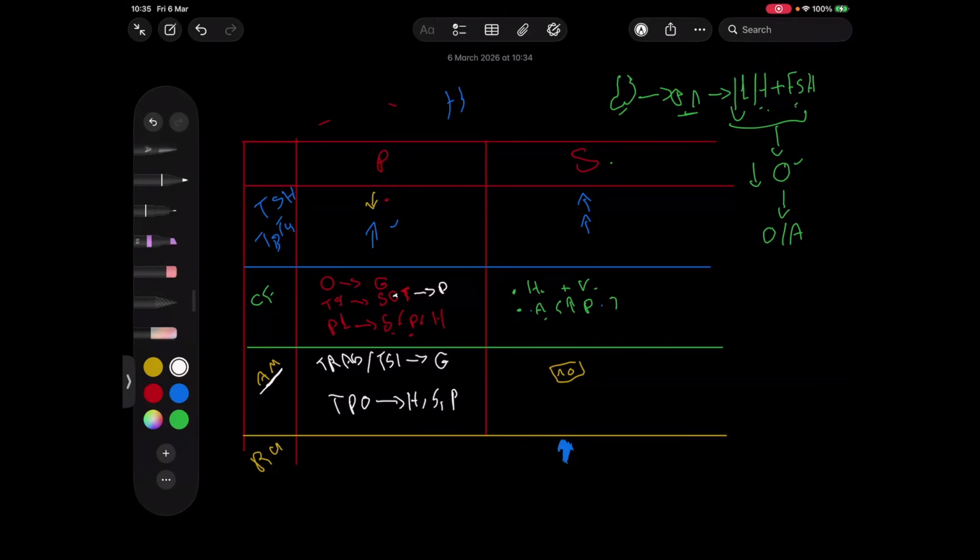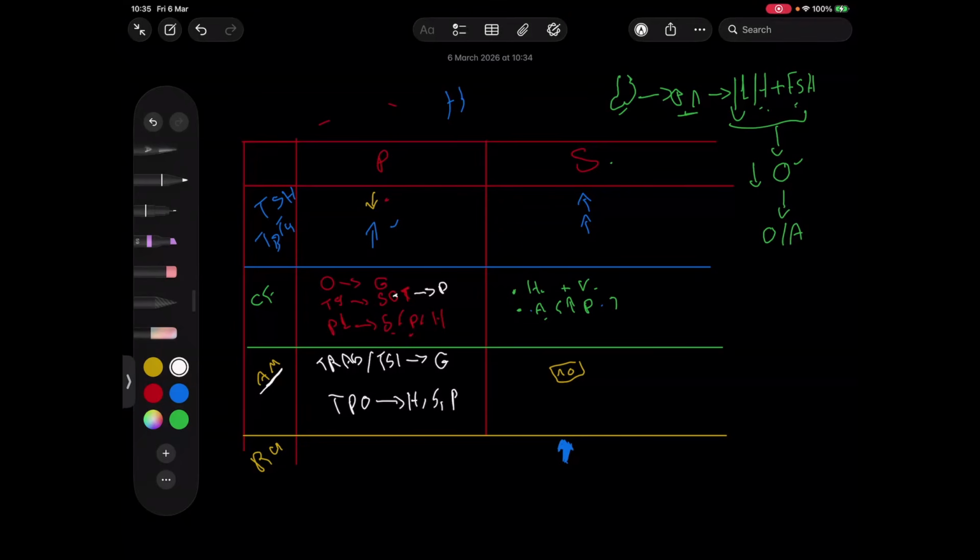TRAB, what is it? Thyrotropin receptor antibody. TSI, what is it? Thyroid stimulating immunoglobulin. You need to have them written down. I added it to you in the capsule, but you need to write it down now.